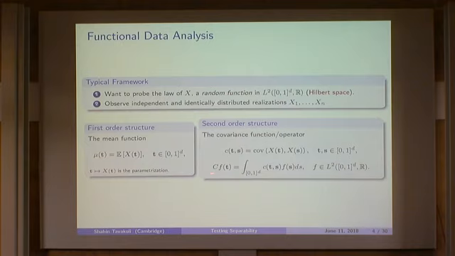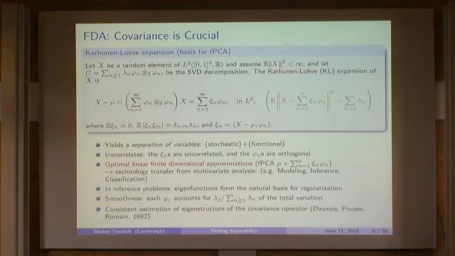And why is that? It's because functional data is infinite dimensional, and you need some finite dimensional representation of it to be able to do anything, essentially. So the fundamental result is called the Karhunen-Loève expansion.